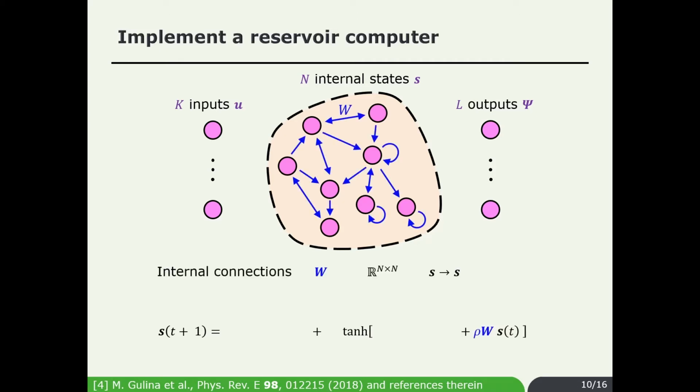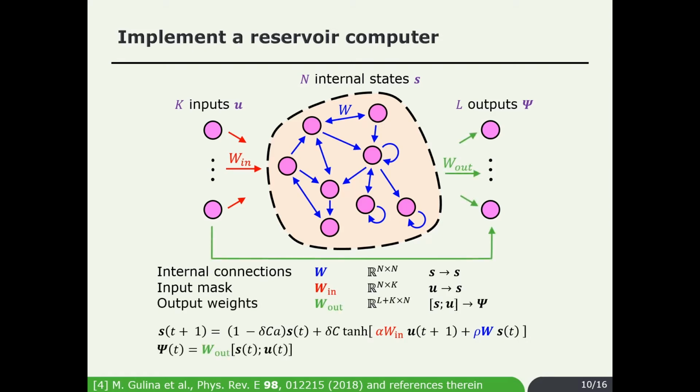The first contribution is the internal connections, which are characteristic of a recurrent neural network, since loops are authorized. The second contribution is the input, which is injected in the reservoir through the input mask matrix. The other term in the equation is the leaky integrator that I will explain in more detail in the next slide, as well as the different parameters involved in this dynamic.